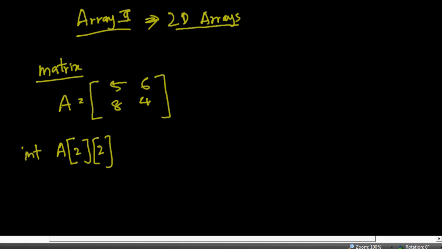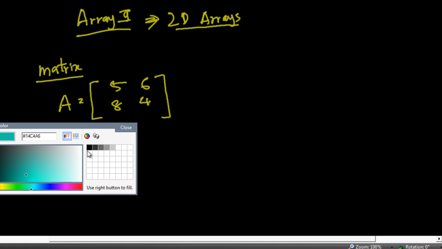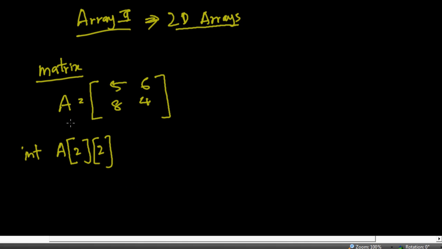Alright, now take note of this. The first number in the bracket represents the number of rows you have in the array. The second one represents the number of columns that you have.